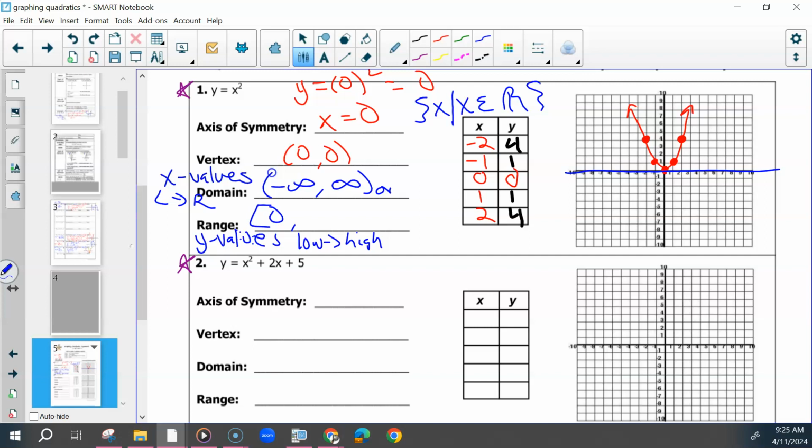It doesn't go higher than 4? Infinity. So highest infinity. Or if we were writing it in set builder notation, it's going to start off similarly, curly brackets, y, the line, so y such that. It starts at 0 and it goes above that, so y is greater than or equal to 0. Questions on range?